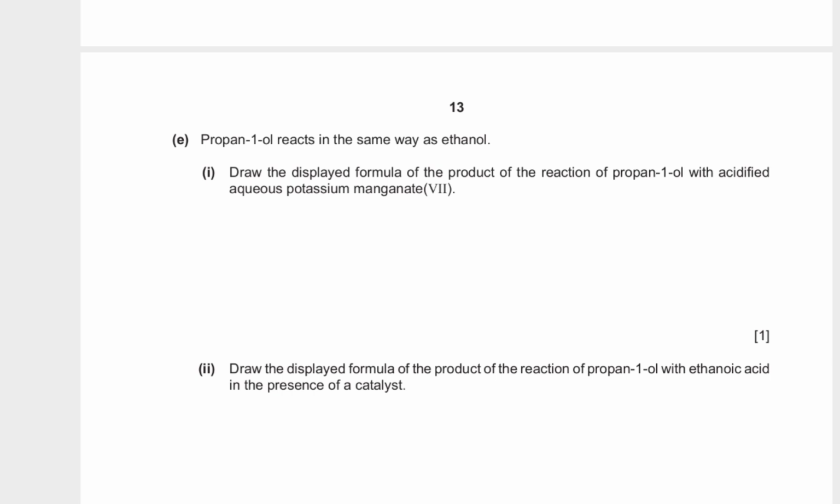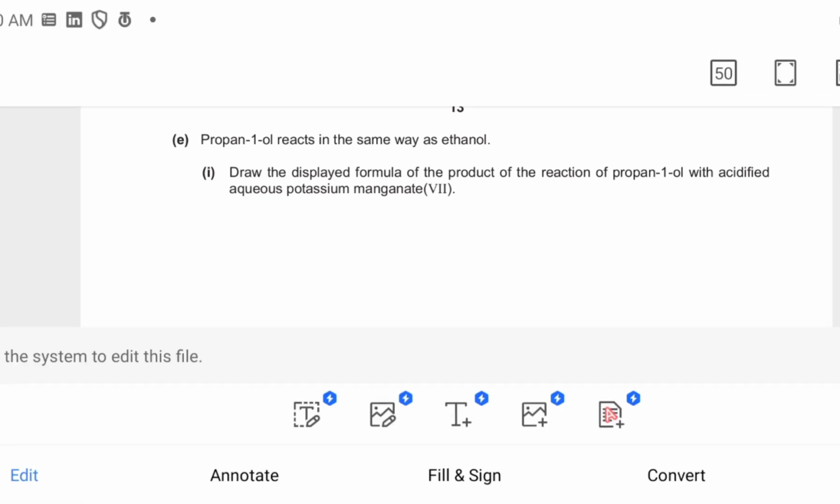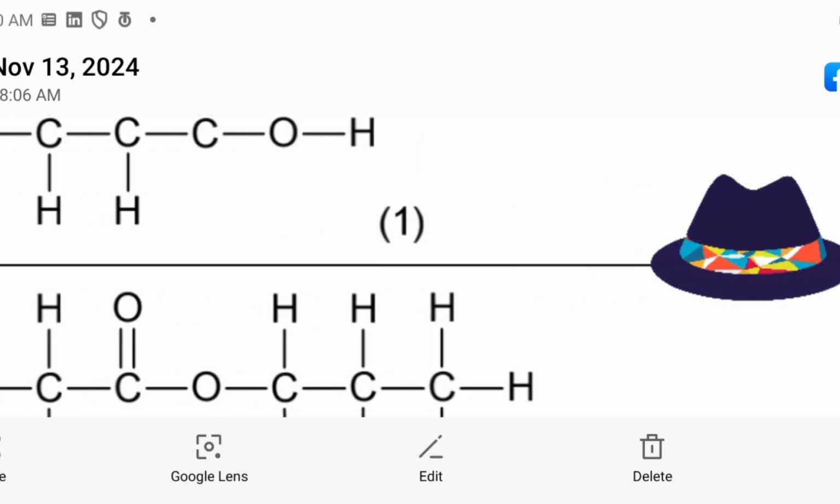The next one is: draw the displayed formula of the product of the reaction of propan-1-ol and ethanoic acid. If it reacts, then it forms propyl ethanoate. And here we have the structures for both of these, which you need to draw.